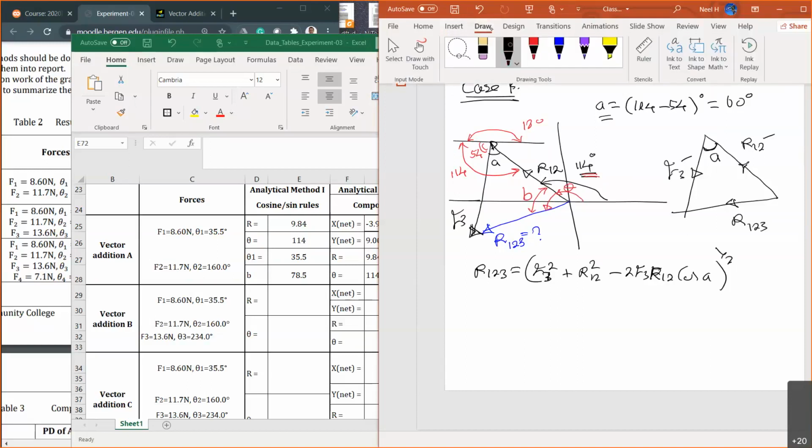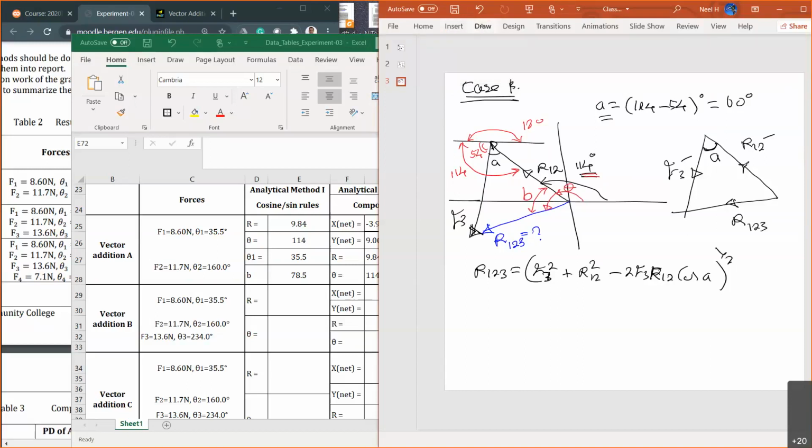Then you can do the same thing you did earlier, which means sine B over F3 is equal to sine A over R1, 2, 3. So from there you can find B, which is equal to sine inverse of F3 over R of 1, 2, 3 times sine A. Sine A we already know, right?